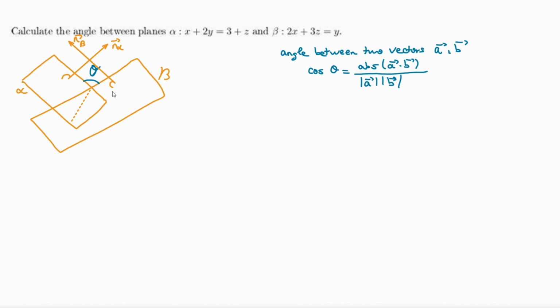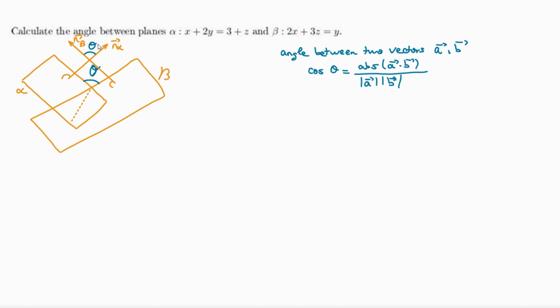Well, don't you think that the angle between alpha and beta, the blue angle between planes, must be the same as the angle defined between their normal vectors? And of course it's the same. In some ways it's like taking both planes, alpha and beta, and rotating them, both of them, 90 degrees. Doing that they would still create the same angle in between.